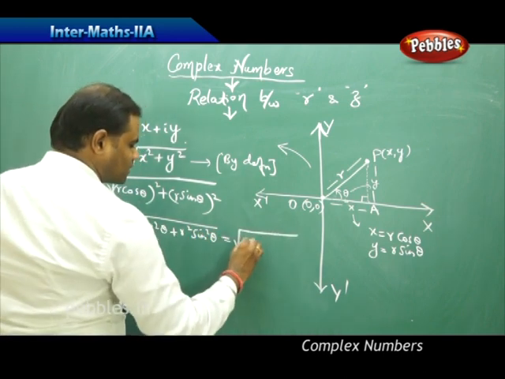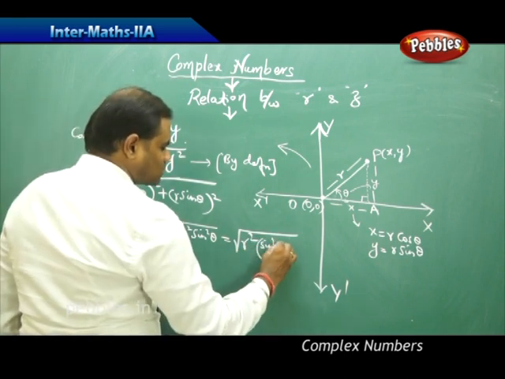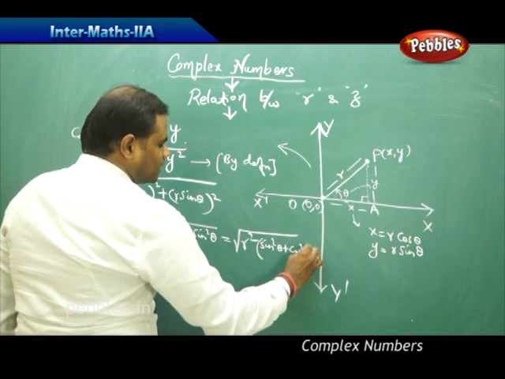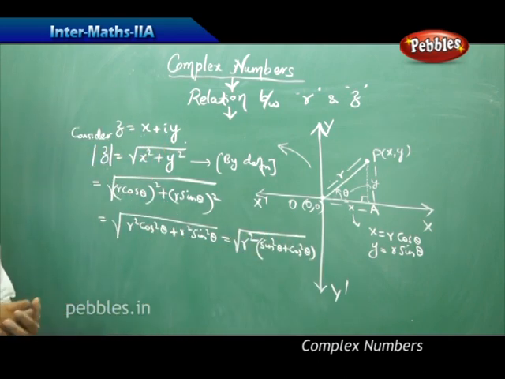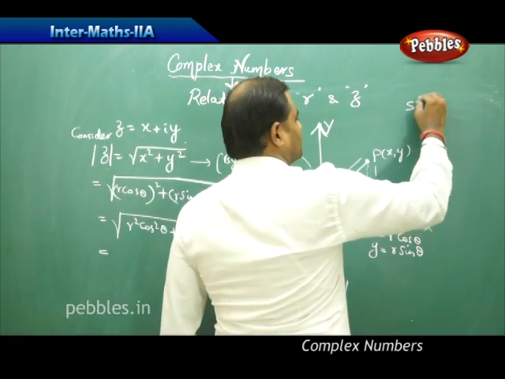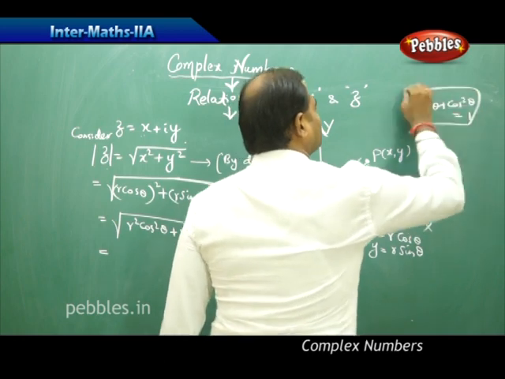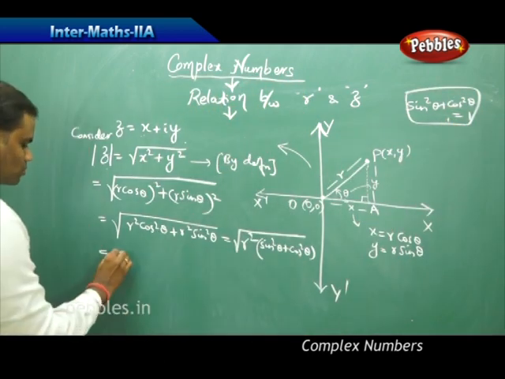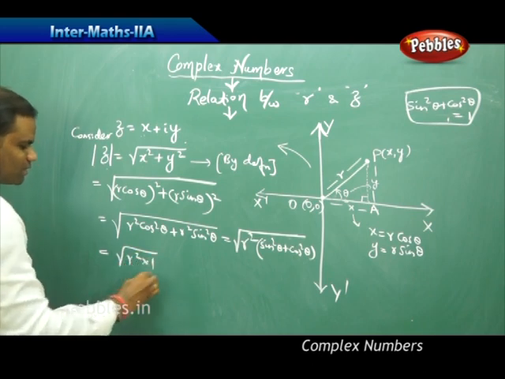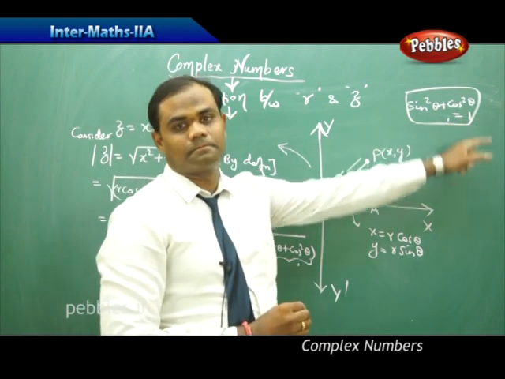Taking r square common, I get sin square plus cos square. We know that sin square theta plus cos square theta is always 1, which is a formula in trigonometric ratios. Therefore I get root of r square times 1.